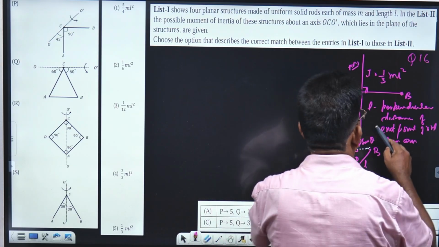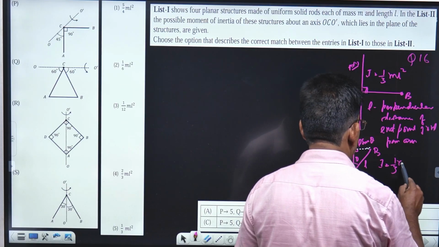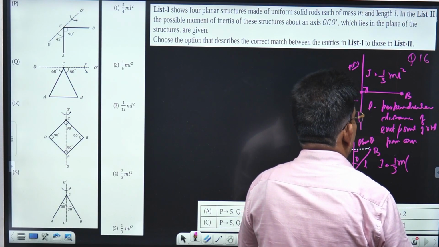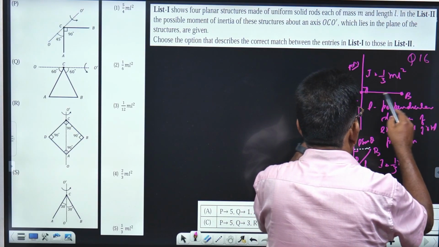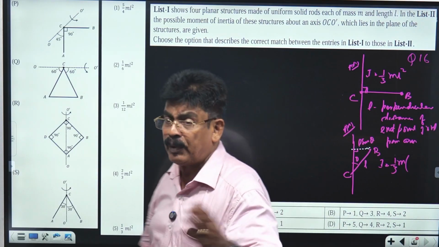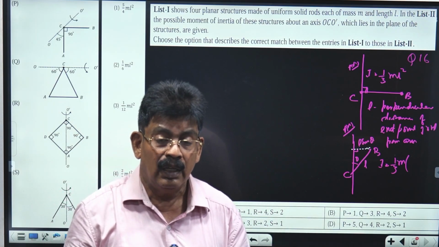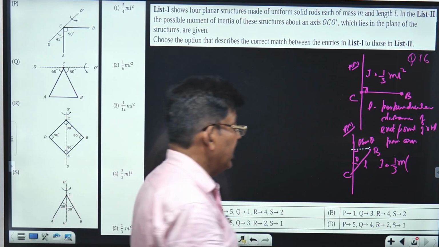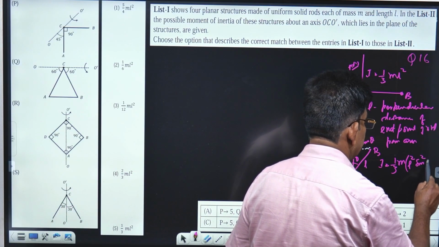Now, I have to generalize my expression for moment of inertia. What is that? 1 by 3 m into the perpendicular distance of the end point from the axis, squared. In the first case, we had taken a special case, where the rod itself was perpendicular to the axis and the distance was L. Now, the rod makes an angle. When I go for the same condition, the perpendicular distance comes to be L sine theta, so that comes to be L square sine square theta.